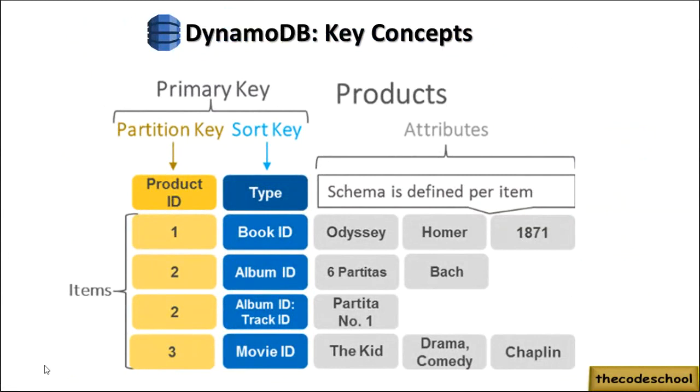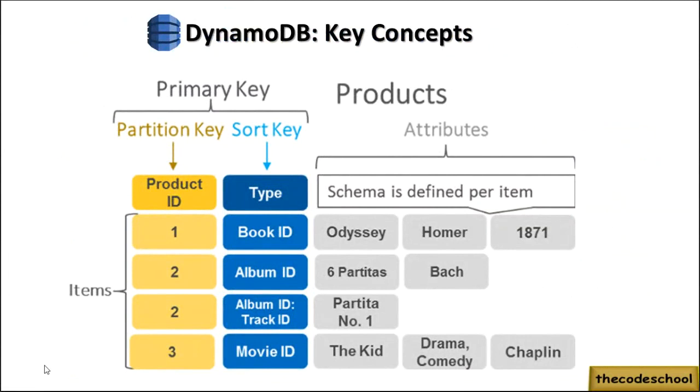Primary key can be one attribute, or it can be a combination of two attributes. The first one can be a partition key, and the second one can be the sort key.